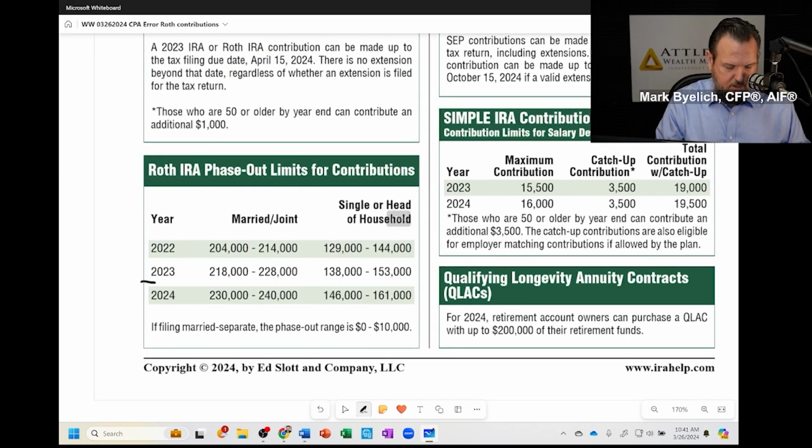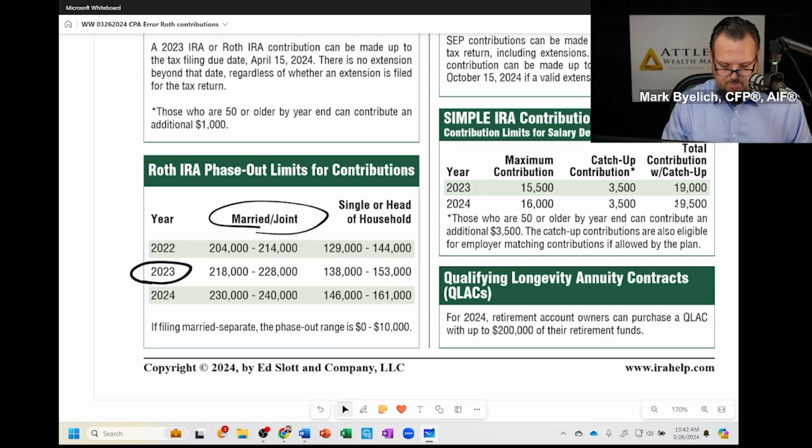And here we're talking about 2023 because this is last year's. You can make Roth contributions up till the filing deadline for the previous year, right? But this client had been making Roth contributions throughout the year. So for married filing joint, in this case a married client, the phase out begins at $218,000 of modified adjusted gross income.